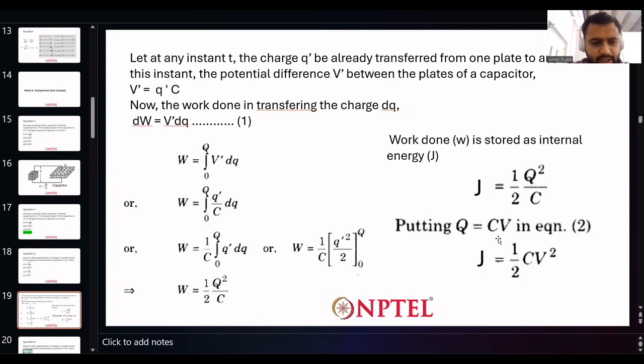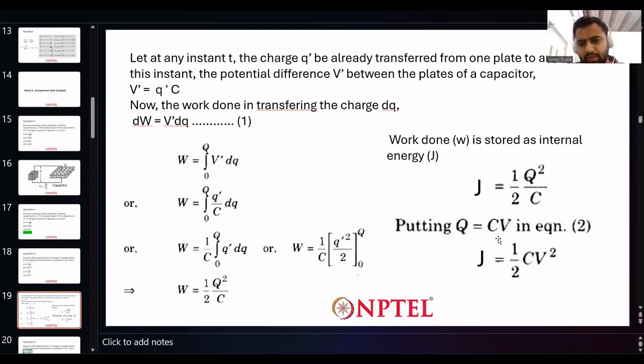We integrate the equation over the entire charge Q, and then we get the energy in the form of half Q square by C. Then we just put Q.